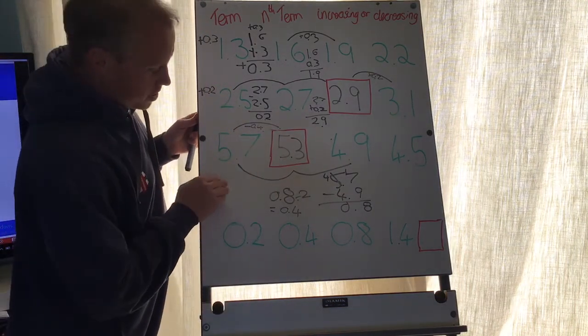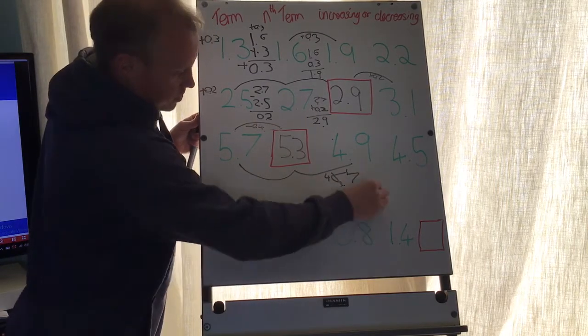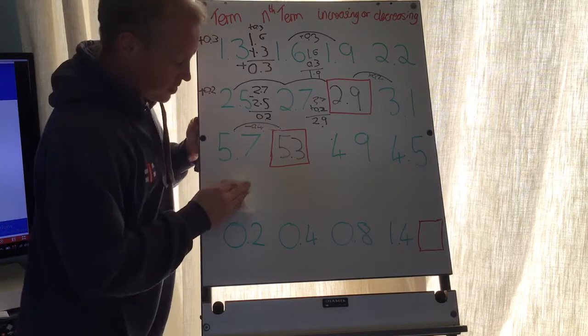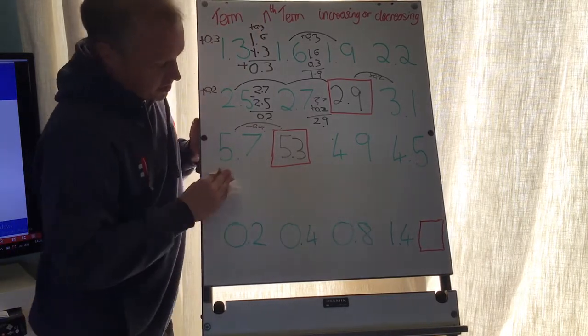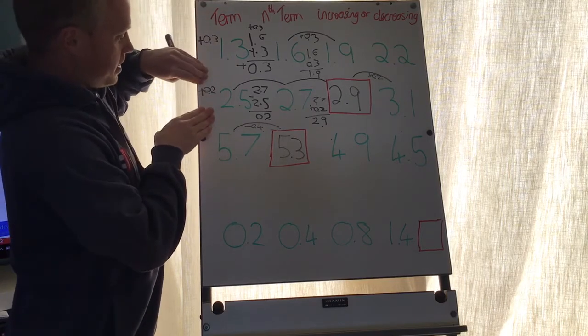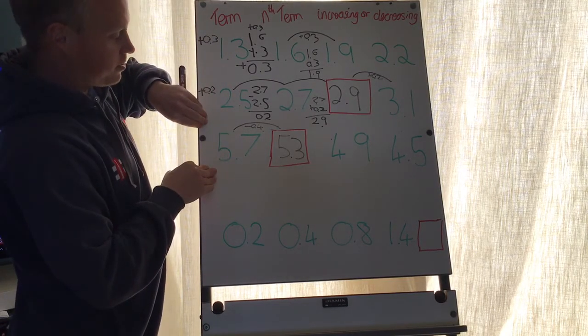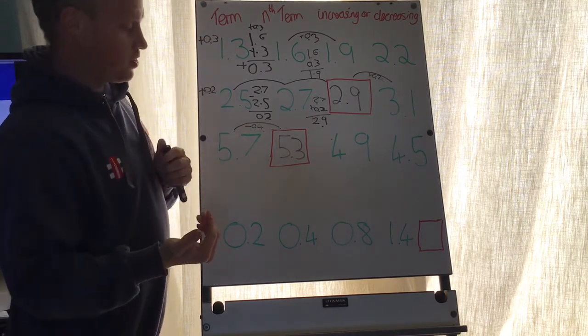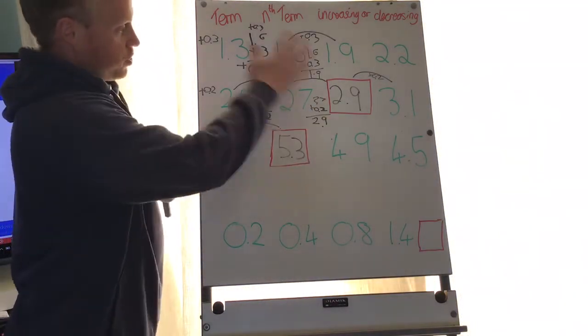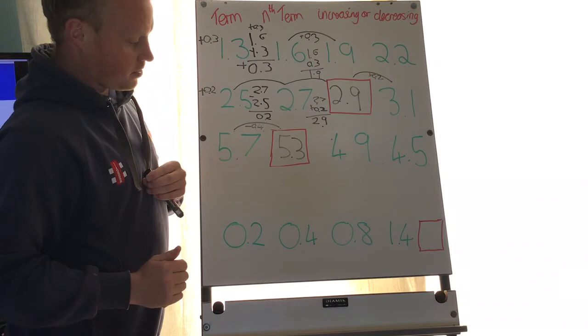And if you're looking further up school at tougher sequences, sometimes the sequence is not consistent. This was increasing by 0.3, this was increasing by 0.2, this was decreasing by 0.4. There will be questions where they are 1 point something, 3 point something. That was just a quick example to show you how to find them out nice and quickly.